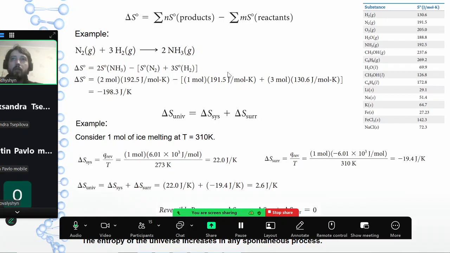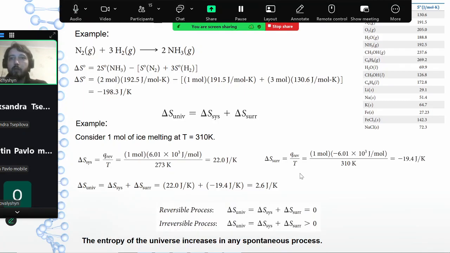This circle, I remind you, is for so-called standard conditions: the temperature is 25 degrees C, pressure 1 atmosphere, and so on. Here is an example where you combine nitrogen gas with hydrogen gas and you get ammonia, NH3. If we calculate the difference in entropy, we can use this table and we get some value out of it.